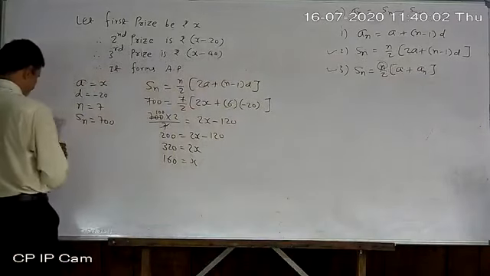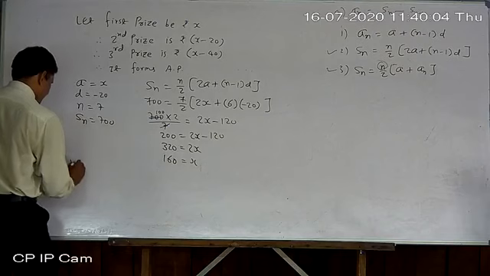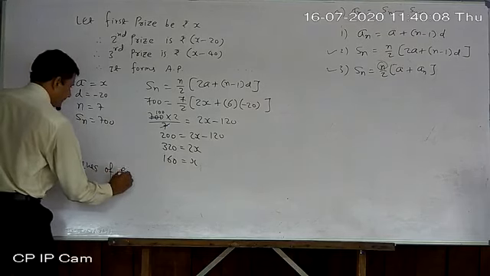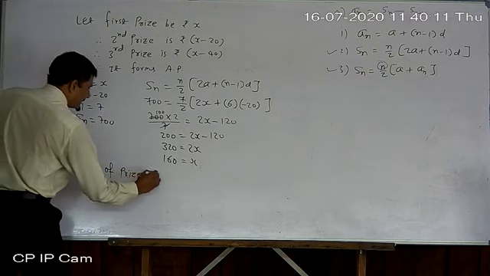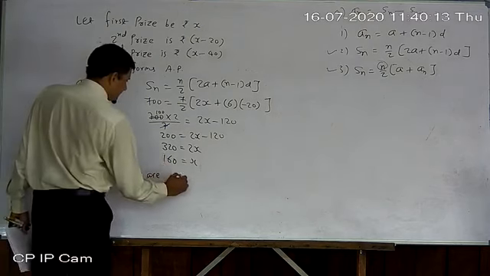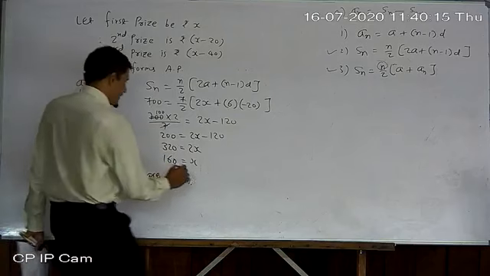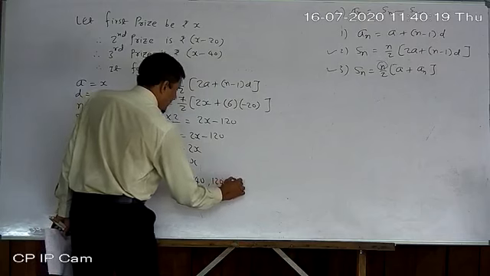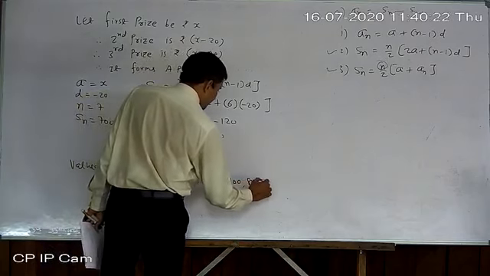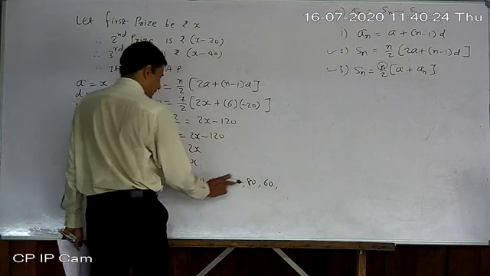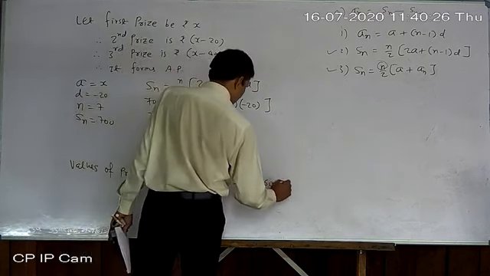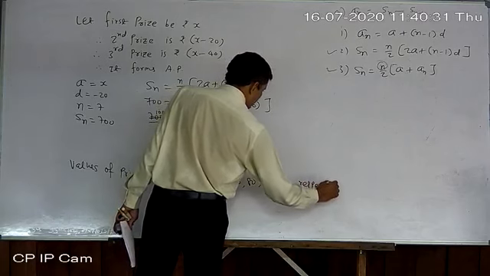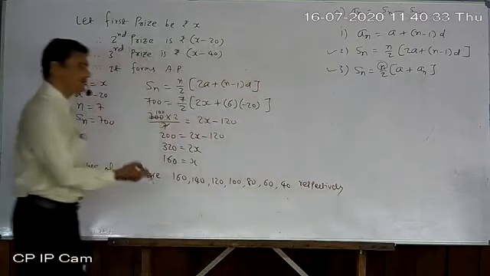So value of prizes are 160, then 140, 120, 100, 80, 60, 1, 2, 3, 4, 5, 6 and 30 respectively. Okay. Otherwise you can write one by one also.